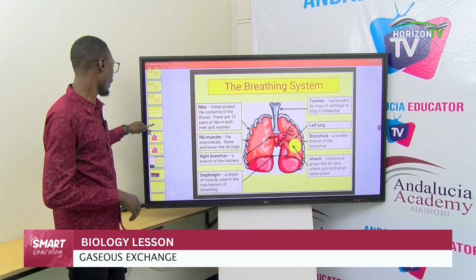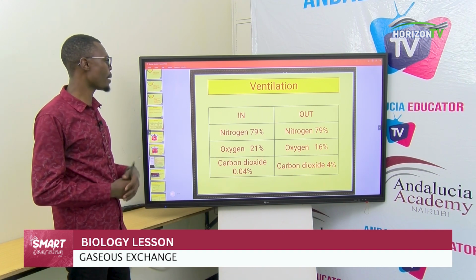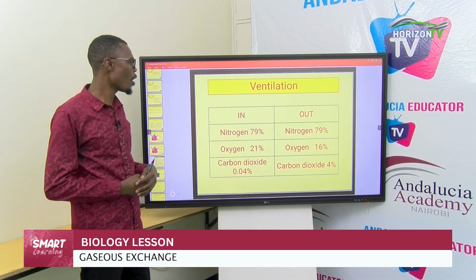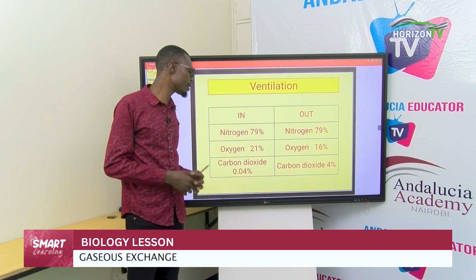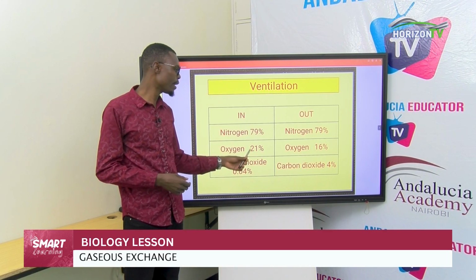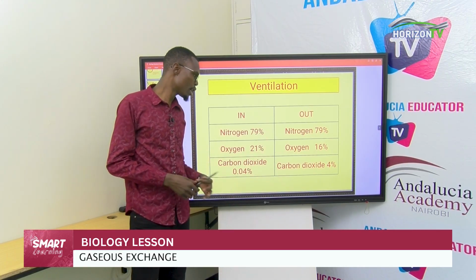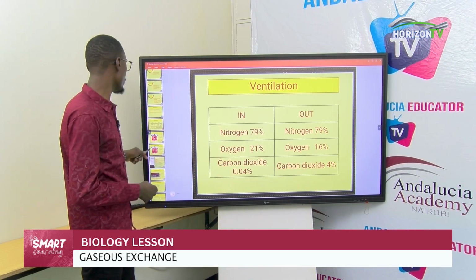Then the ventilation process, the amount of air that is taken into the body. Why is it that the nitrogen remains the same percentage while the oxygen percentage differs, high, low? And why does the carbon dioxide percentage also differ? That's what you also have to know.